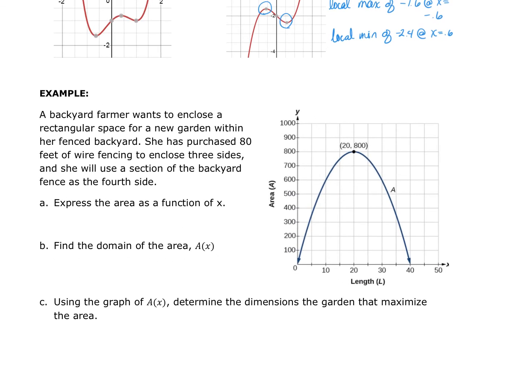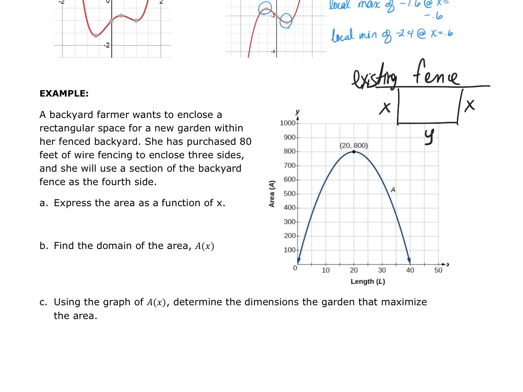Now here's the graph. What the heck is going on? I'm going to draw a quick little sketch. So here's what she's fencing. This is already given. So this is existing fence. So this side is x, this side is x, and this side is y.